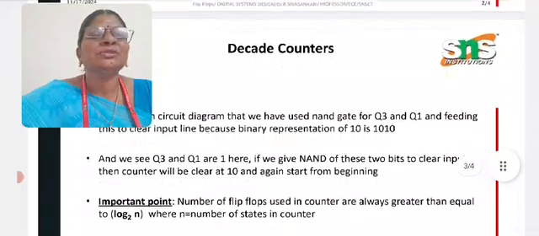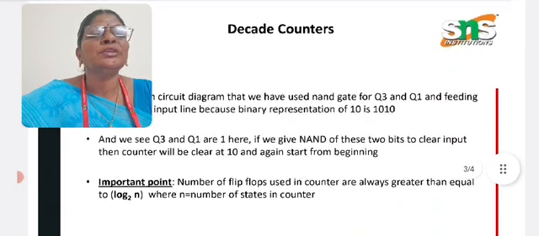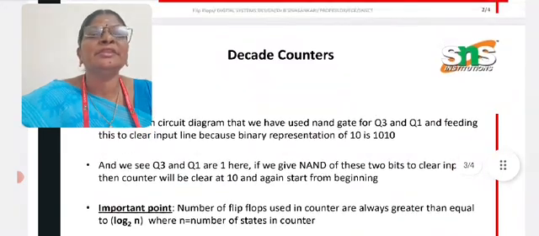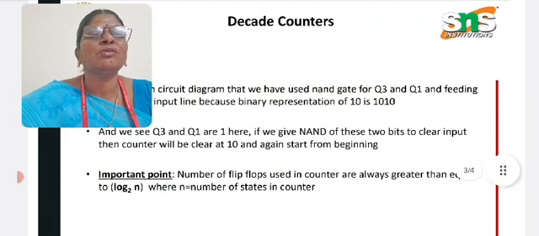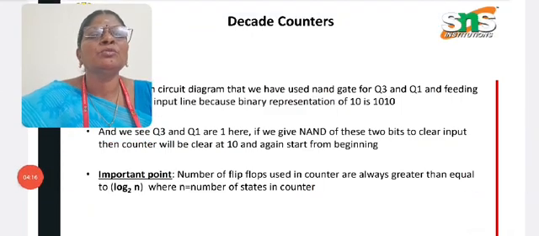From the circuit diagram, we have used a NAND gate for Q3 and Q1 and fed this to the clear input line, because the binary representation of 10 is 1010, right? And we can see Q3 and Q1 are 1 here.